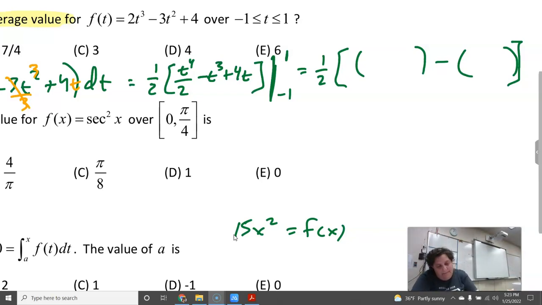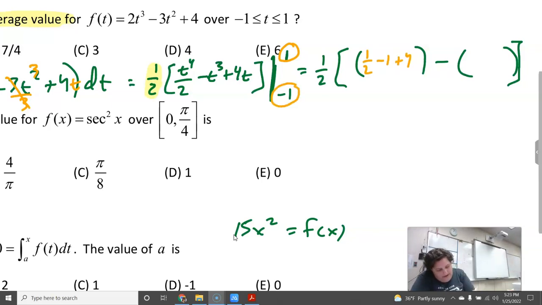Okay. All right. When I plug in 1, remember the 1/2, I'm just going to deal with that in a minute. When I plug in 1, I get 1 to the 4th over 2 minus 1 plus 4.